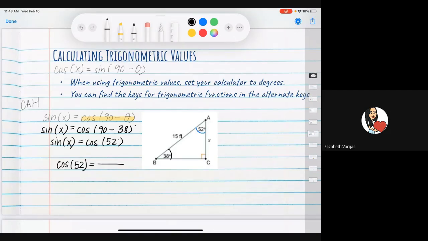What is adjacent to it? x. What is our hypotenuse? 15. And again, you could just go about simplifying to isolate x. And so you could also use 15 cos 52 to identify x.